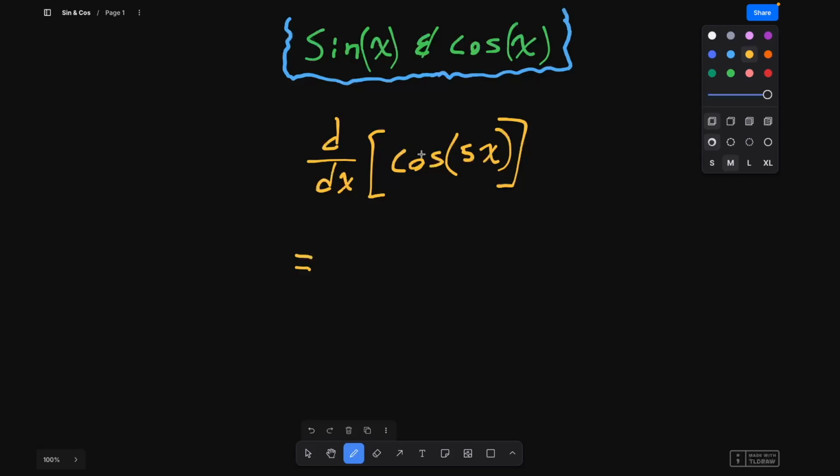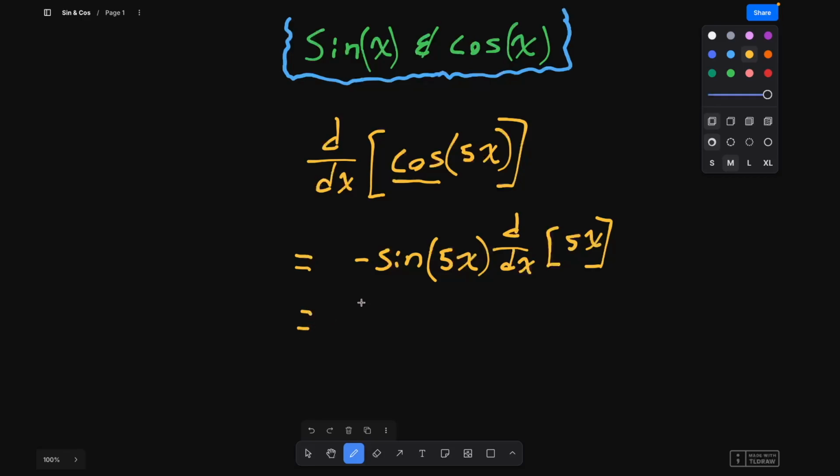When we take the derivative of cosine, we know that it's going to be negative sine of our inside function, but then we take a derivative of the inside function. And that simplifies to negative 5 sine of 5x.